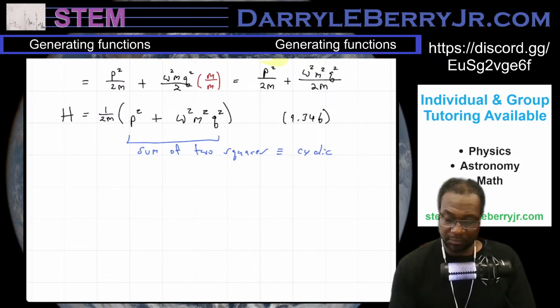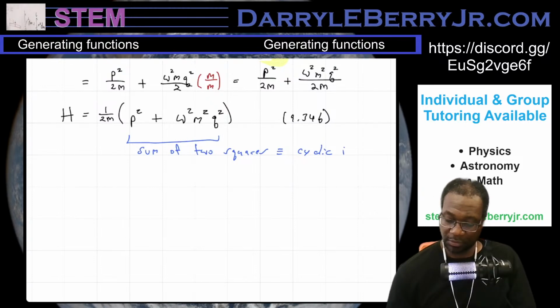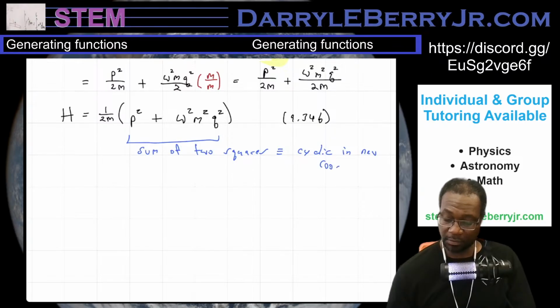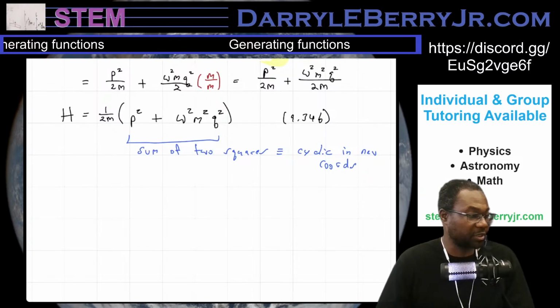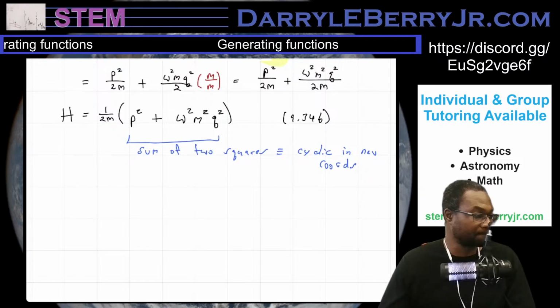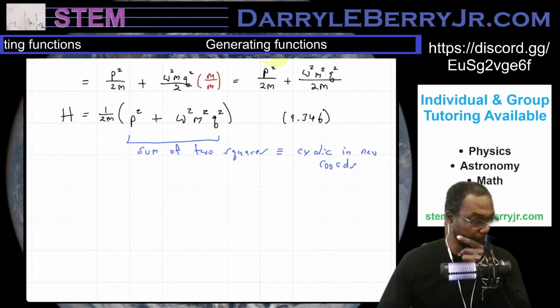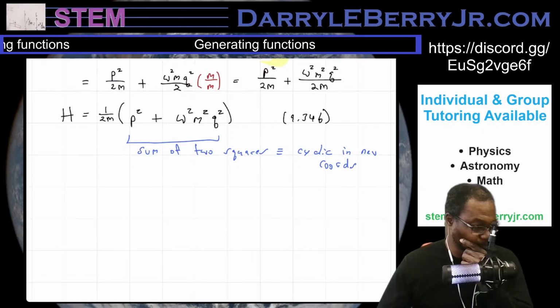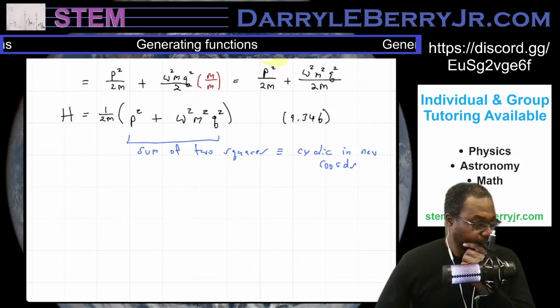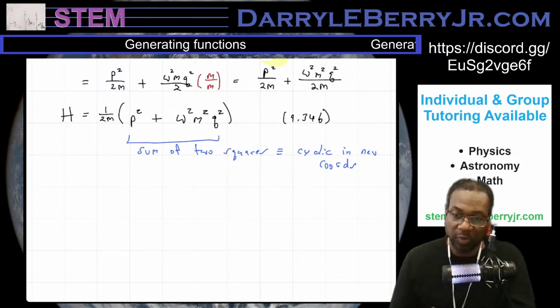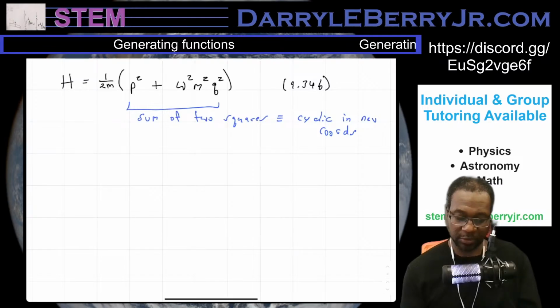If we can find a canonical transformation of the form, cyclic in the new coordinate, this is the part that's probably most unclear.